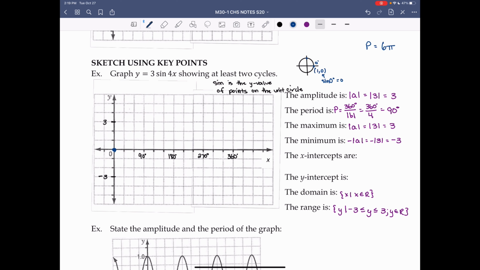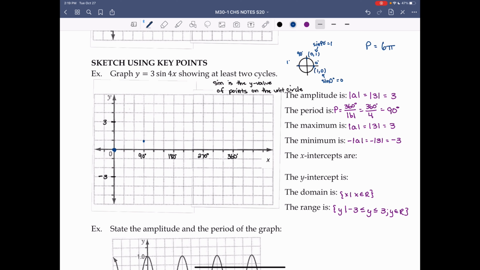Then at 90 degrees, we have the point (0, 1), which tells us that sine of 90 degrees equals 1. Find 90 degrees on the x-axis and then go up to 1 on the y-axis and put a point.